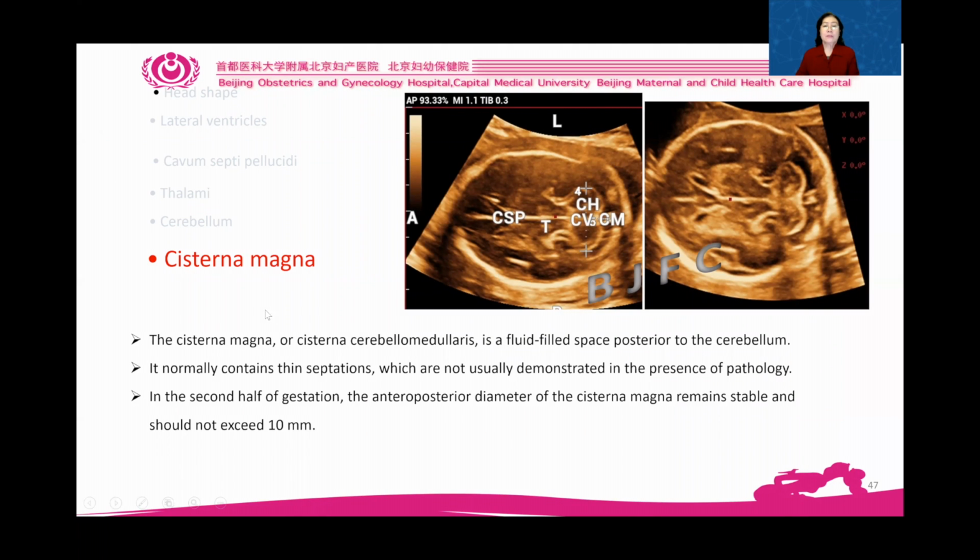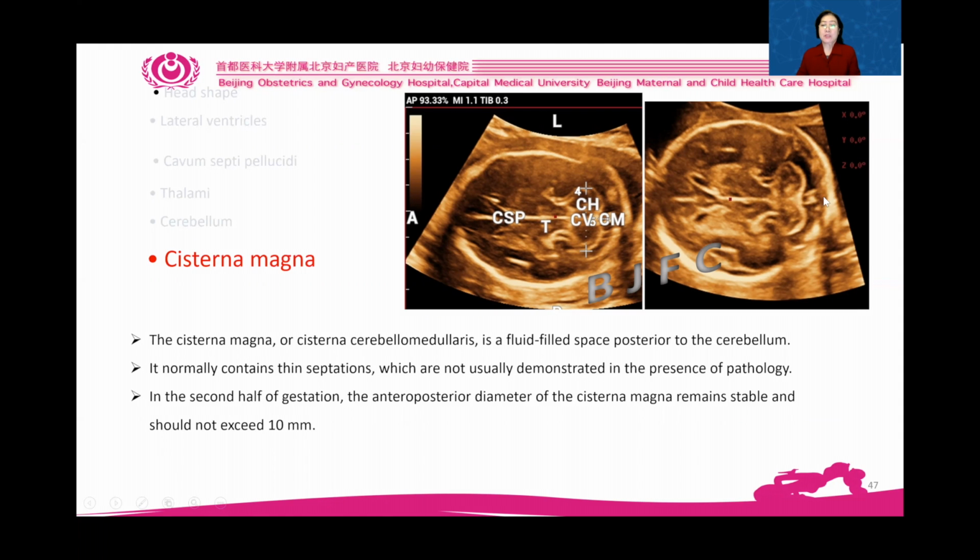The last one, let's see the cisterna magna. The cisterna magna is the fluid-filled space here, posterior to the cerebellum. It normally contains thin septations, very thin septations here, which are not usually demonstrated in pathology.